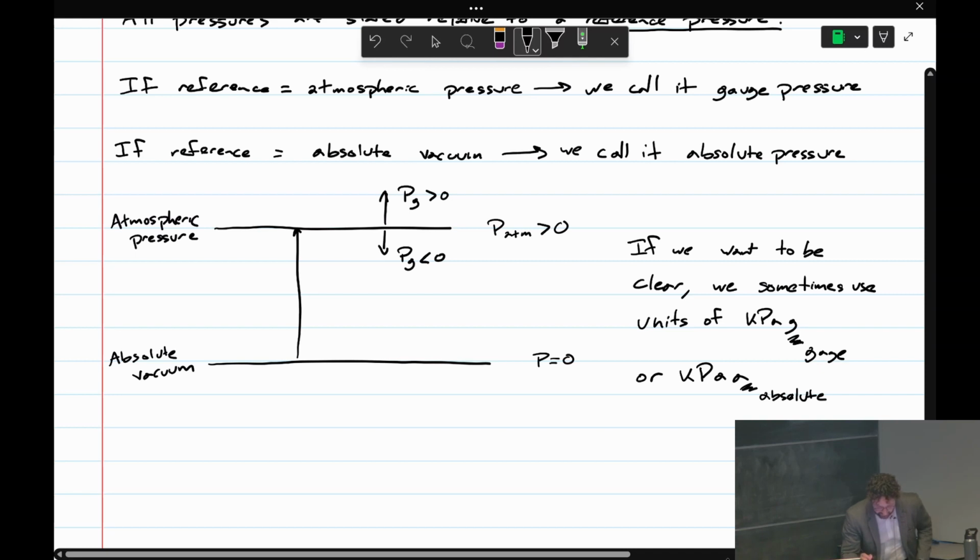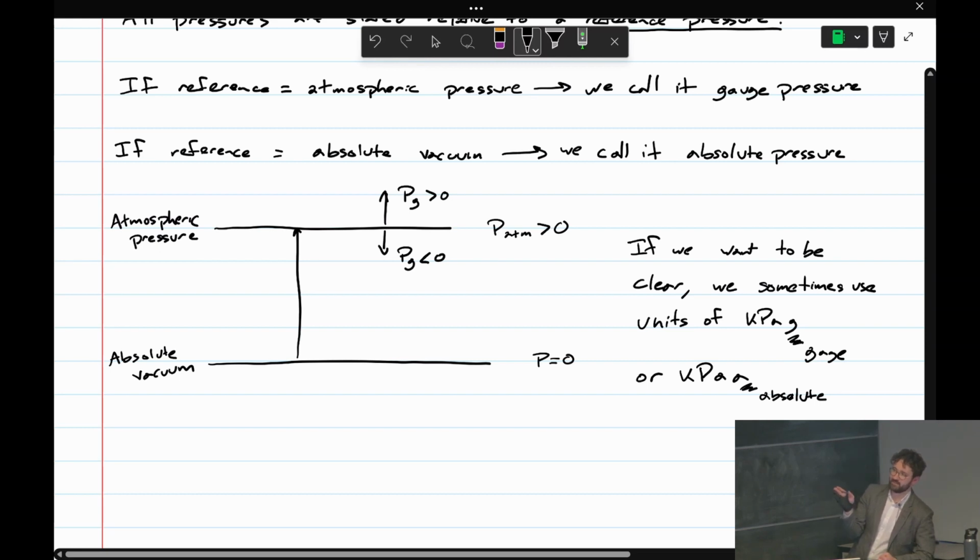So if you come across a unit like, for example, PSI-G, that means PSI gauge, or PSI-A, PSI absolute. In some safety critical applications, it's important to state, because sometimes the pressures get so high. Normally the gauge pressure is small relative to the atmospheric pressure because atmospheric pressure is quite high. So a lot of the time you can just tell that 15 psi is probably not going to be an absolute pressure. But the G and the A really help.